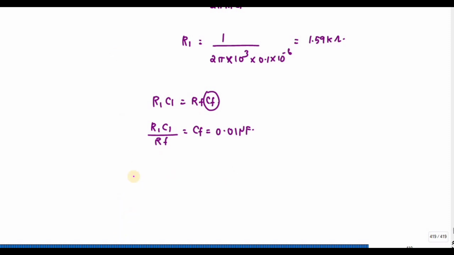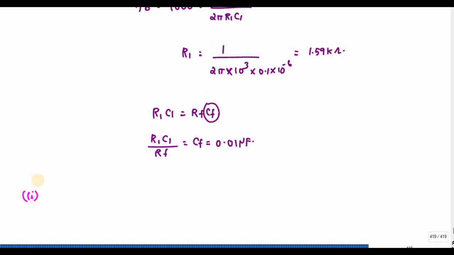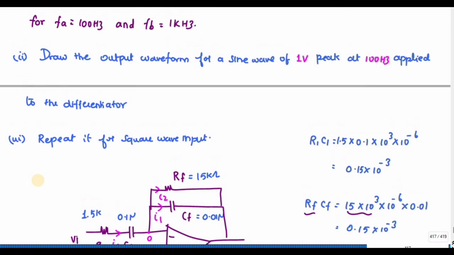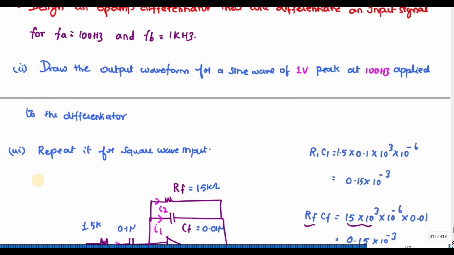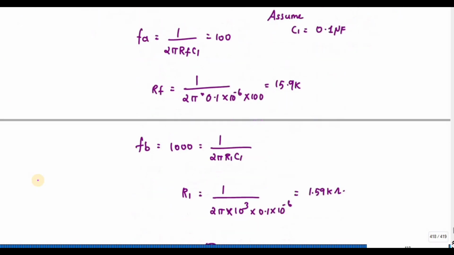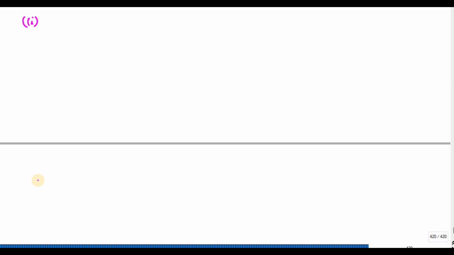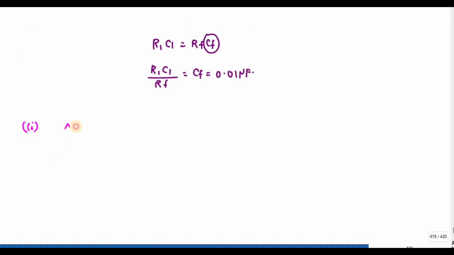Okay, so for the second problem, draw the output waveform when a 1 volt peak at 100 Hz input signal is applied to a differentiator. So what is my input? Input is 1 sine 2 pi into 100 t.